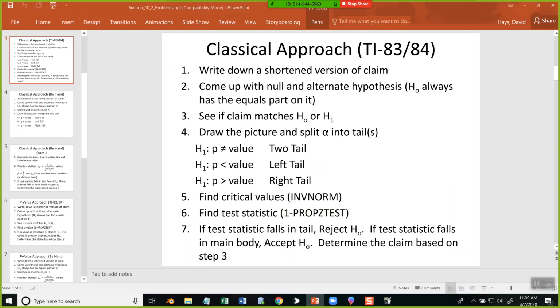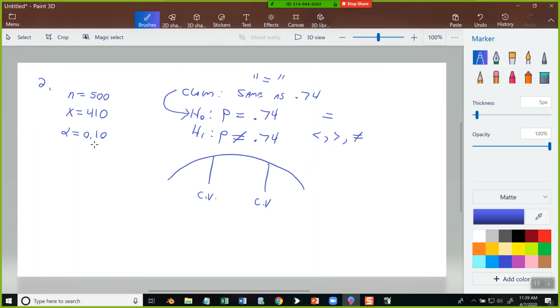Our alpha in this problem is 10%. We got two tails, so we want to split that into the tails, which means we'll put 5% in each tail. Now, if we put 10% in our tails, that means 90% goes in our main body.